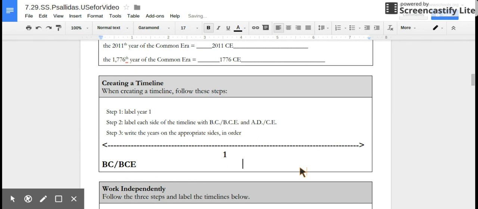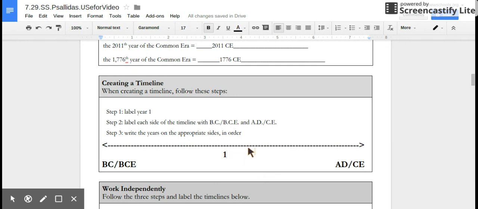And then you can go ahead and guess where you should be putting the AD/CE side. And then step 3 is to write the years on the appropriate sides in order. So right now, I want you to put on your timeline the year 2 AD and the year 2 BC. Pause the video and then check back in a second.